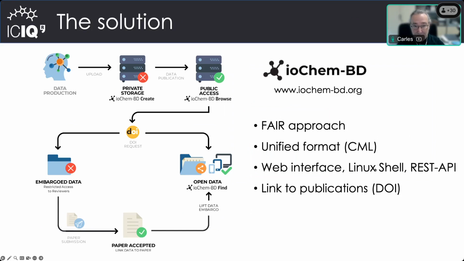IoChem BD is a web platform that covers, say, all the pipeline from the data we produce in the supercomputers, till we include that data in a paper that is published. Our platform is built from several modules which are connected and that allow to deal with the data when it's in private mode and then publish the data following the standard pipeline of a manuscript publishing process.